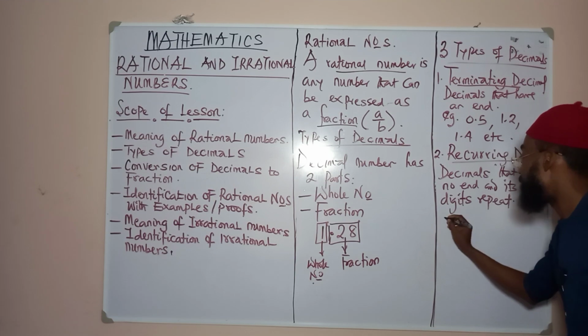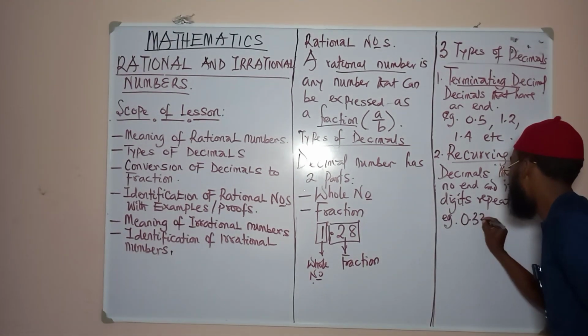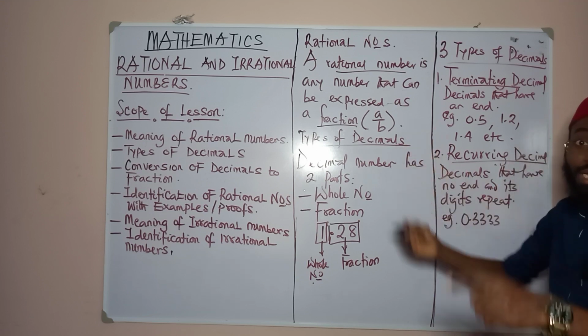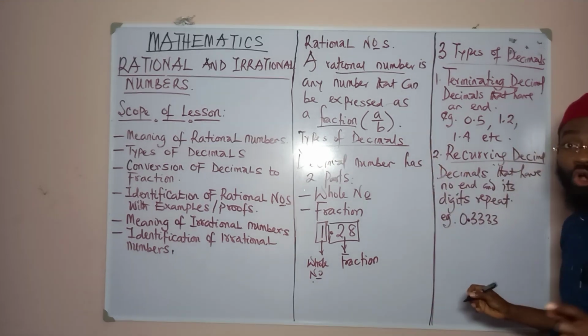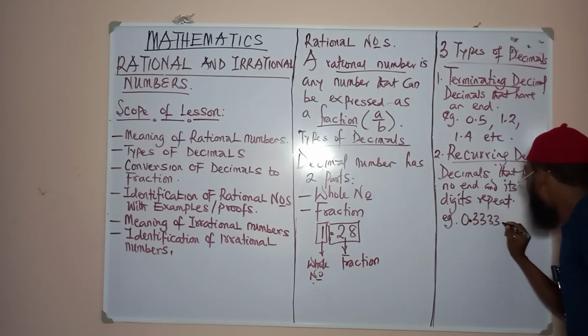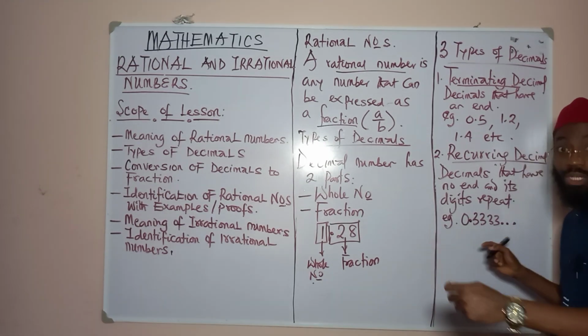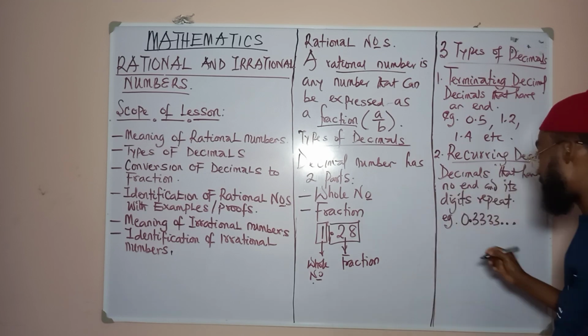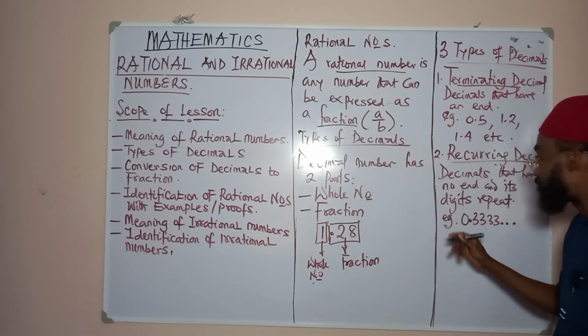I know many of us have pressed something in the calculator and you got something like 0.3333 etc. and it just continues to go. So this type of decimal is what we call a recurring decimal. And to show that it continues without an end, we usually put in three dots. These three dots in the English language are called the ellipsis, to show that something continues without an end. So recurring has no end, and the digits repeat.